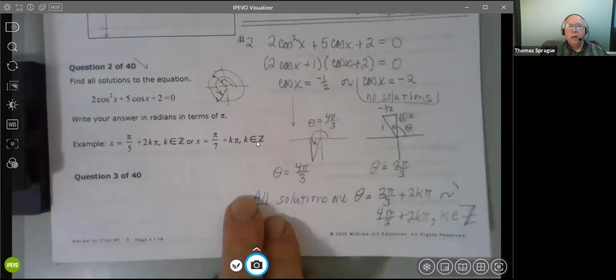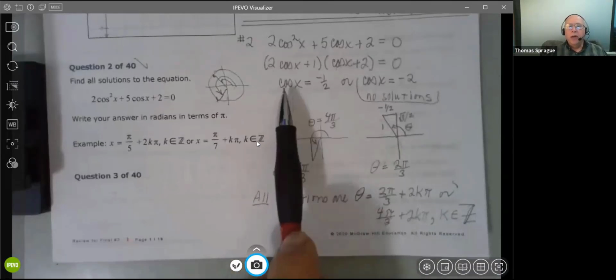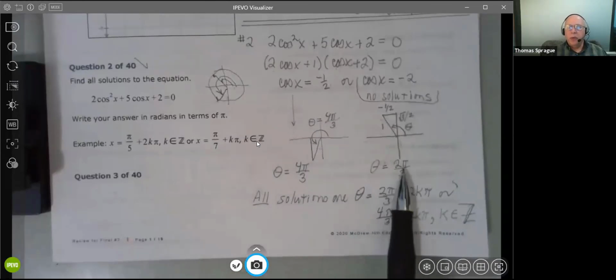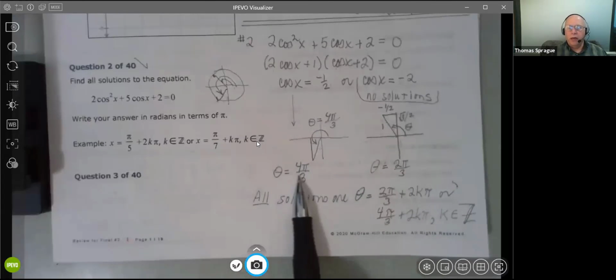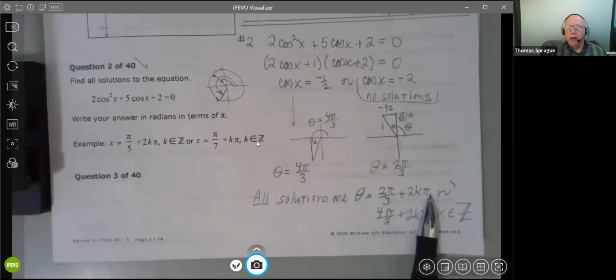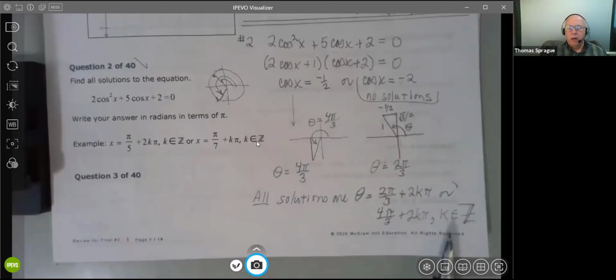So I'm going from here to here. Theta is 2 pi over 3 or 4 pi over 3. Once I know that, I tag on plus 2k pi to both of those, where k is an integer, and I have all the solutions on the whole real line.